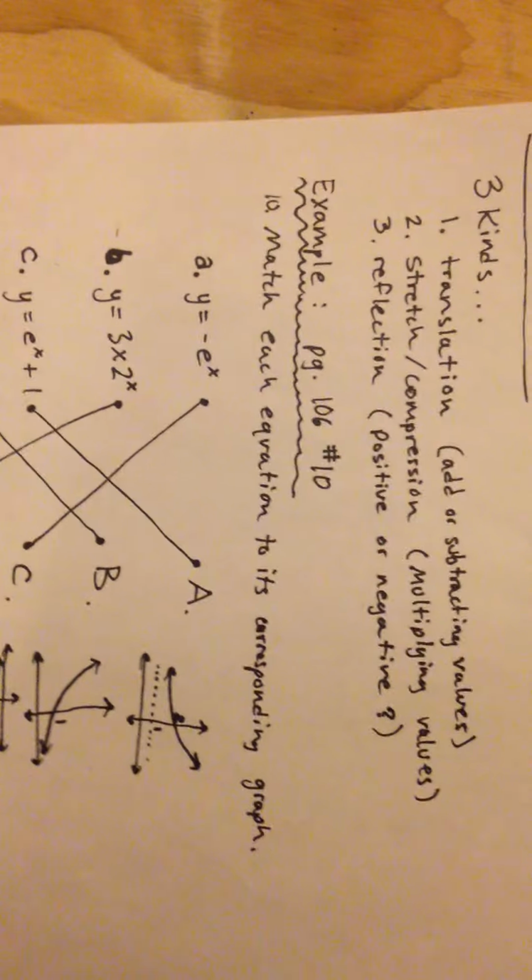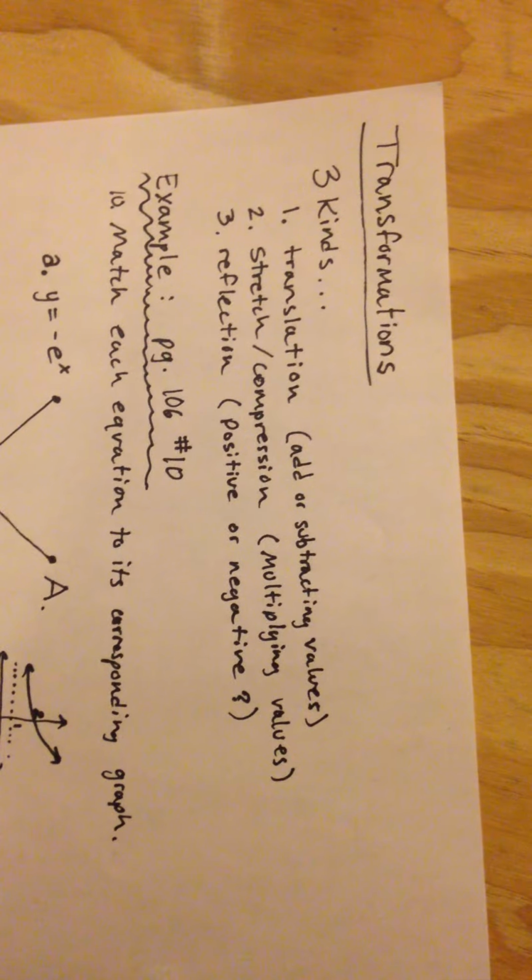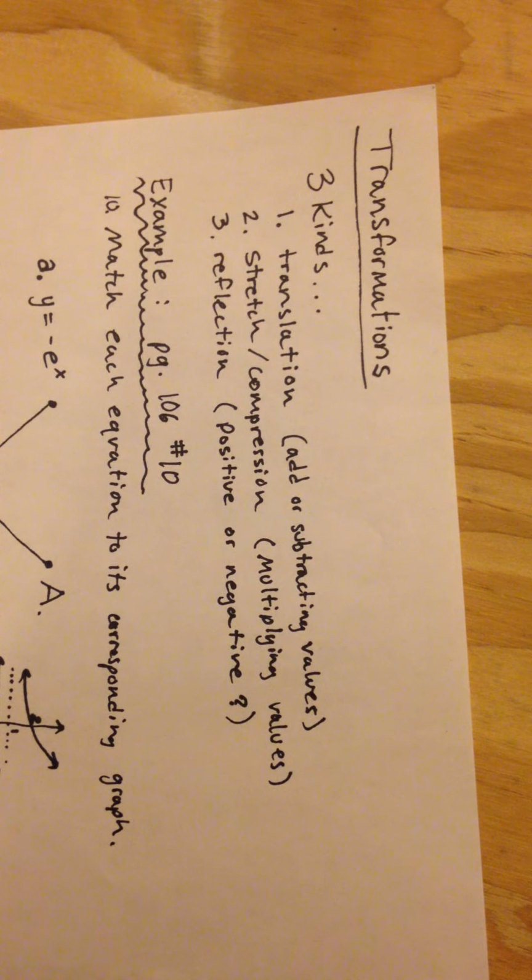To further analyze these graphs, we can look at the transformations. There are three kinds of transformations: the translation, stretch or compression, and the reflection. The translation is just a shift of the graph up, down, left, or right. A stretch or compression is a stretch or compression of the shape of the graph and how steep or shallow the curve is.